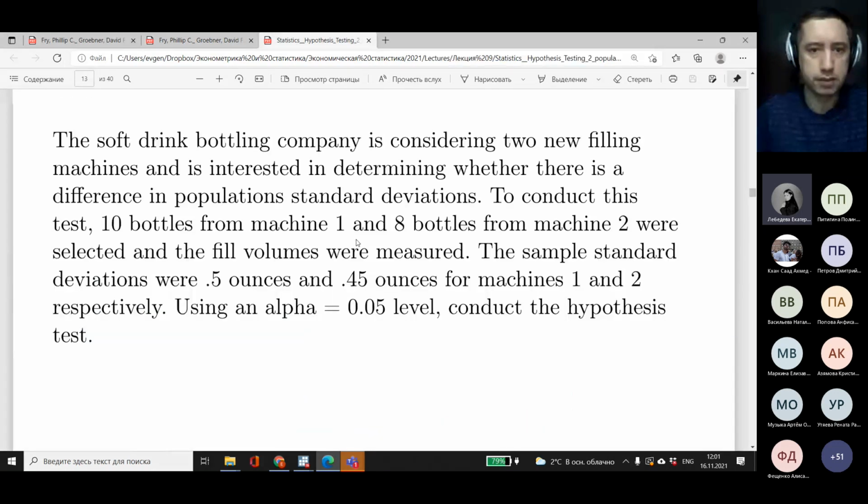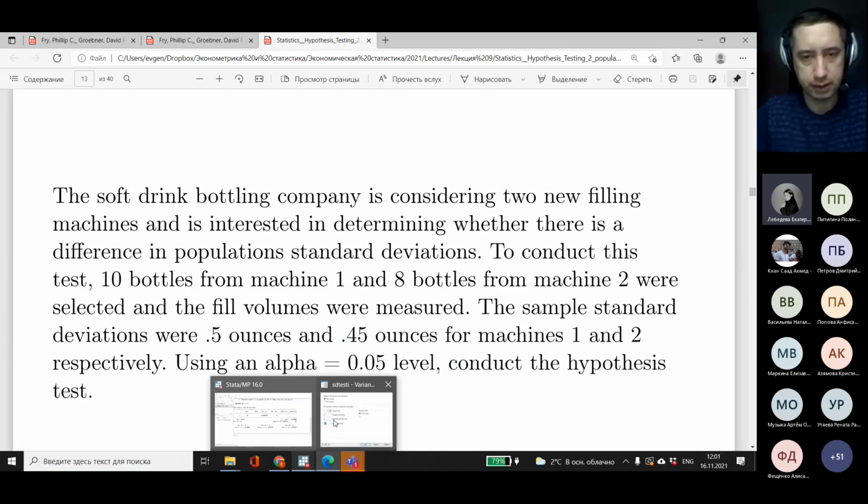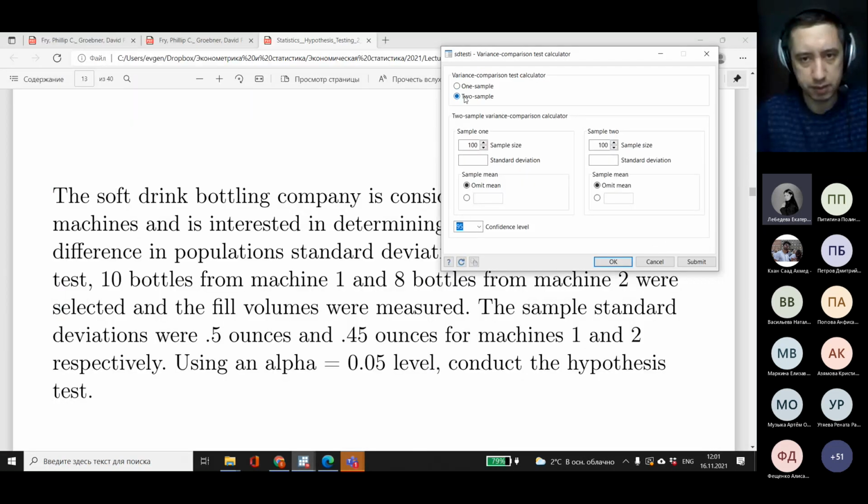All right, now let's do the task with data. Two samples, SD testing. Sample size is 10, sample size 2 is 8, standard deviation is 0.5 for 10 and 0.45 for 8.